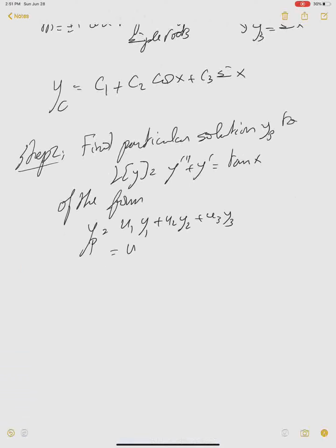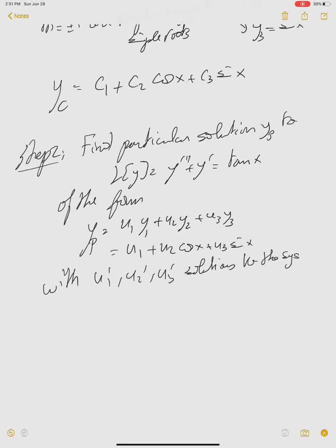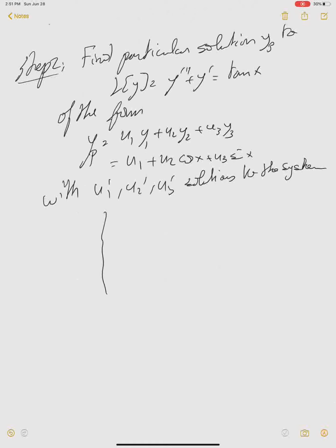But this is u1 y1, y1 is 1, plus u2 cosine x plus u3 sine x, with u1 prime, u2 prime, u3 prime the solution to the system. u1 prime y1 plus u2 prime y2 plus u3 prime y3 equal to 0.